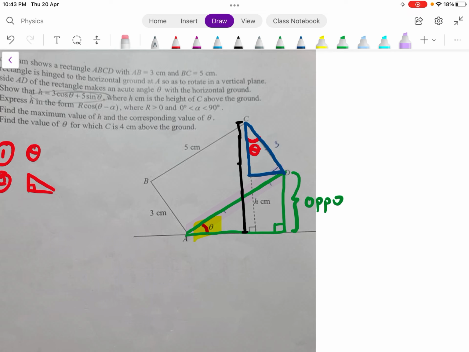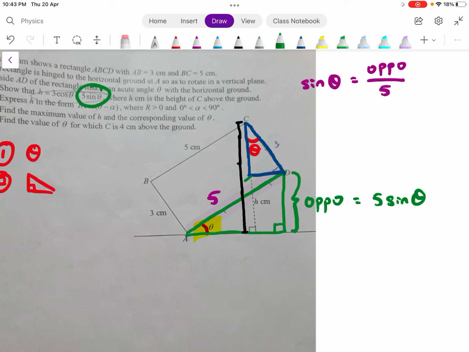Since I have hypotenuse 5 and want to find the opposite, I simply use SOH CAH TOA. For opposite and hypotenuse, I use sine theta equals opposite divided by hypotenuse. When you cross multiply, your opposite will be equal to 5 sine theta.